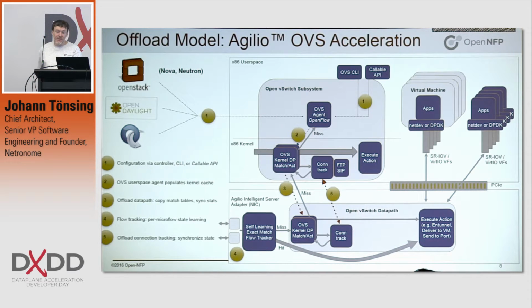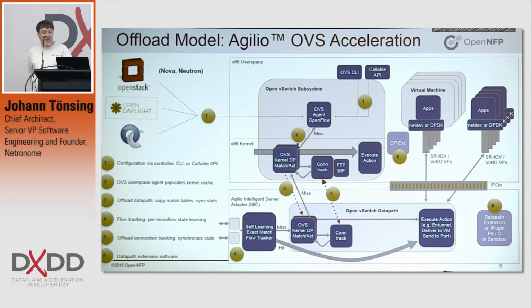So the net of this is that you can have full functionality, but you can still have the SR-IOV style direct connection to your VMs, or your virtio capabilities are still available as well, if you prefer virtio. We'll see a bit later the P4 and the C options, where these would be brought in as the little plugins or the little sandboxes working in conjunction with this.